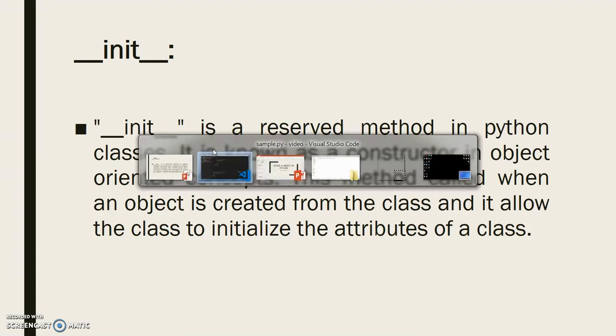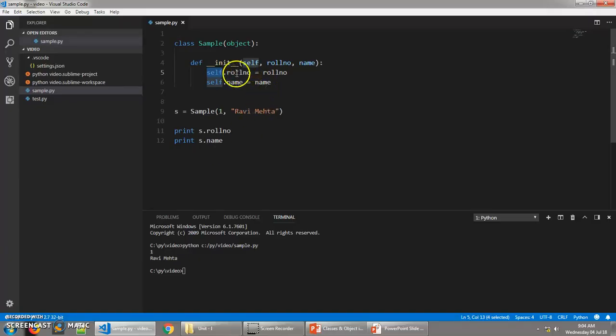Like in our example, we are passing two parameters, roll number and name, which are used to initialize the roll number and name of this class Sample. And here we are passing the roll number 1 and name Ravi Mehta to initialize these attributes. And we are accessing these attributes outside the class using the dot operator, as s.roll_number and s.name, which are the attributes of the class.